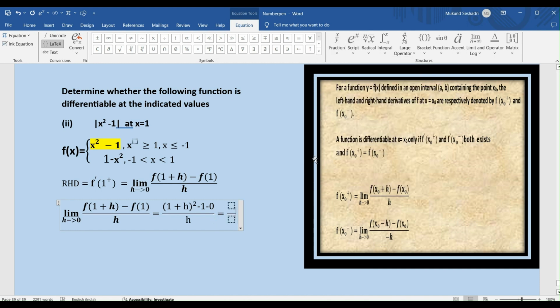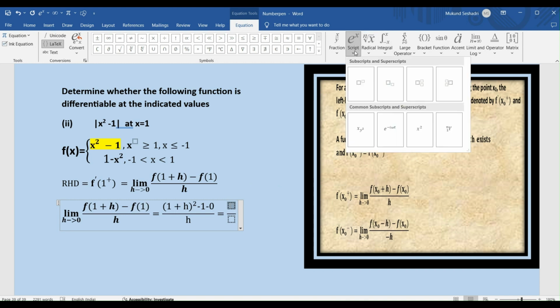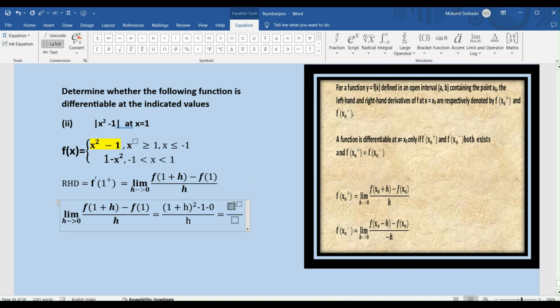So let us rewrite that. I have my h square plus 2h plus 1. And then I have a minus 1, minus 0 you can skip. This is what we are left with. So I can cancel out my 1 here, and I'm left with h square plus 2h divided by h.